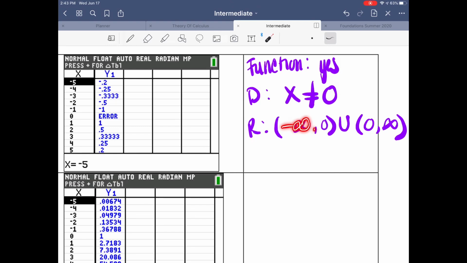I did negative infinity to 0, and I put a parentheses because I cannot include 0. This is called a union, which means that we have some graph on the left side, it skips over 0, and it continues on the right side. So that's why I start there again with a parentheses.